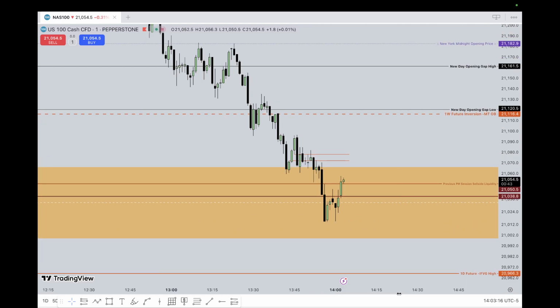But if it fails, then I'm content with this short, little tape reading short, and we're looking forward to the opposing liquidity if the market is going to want to do that.